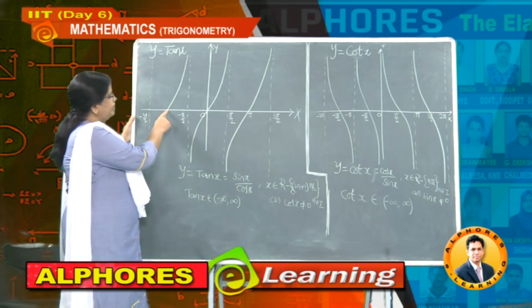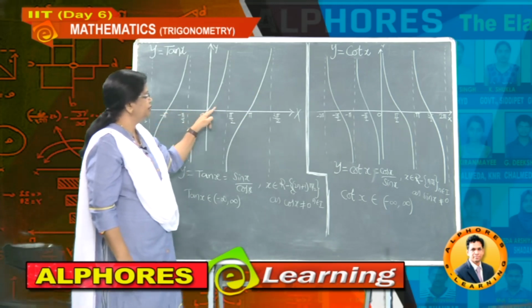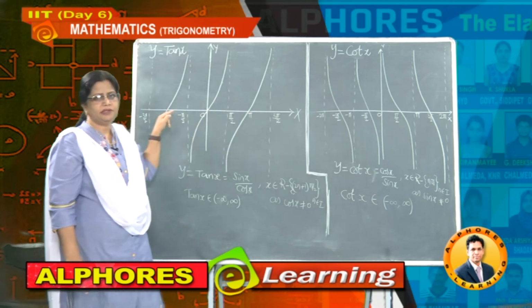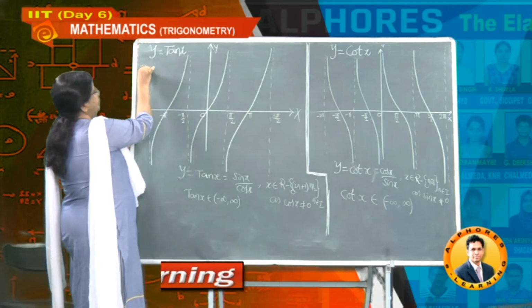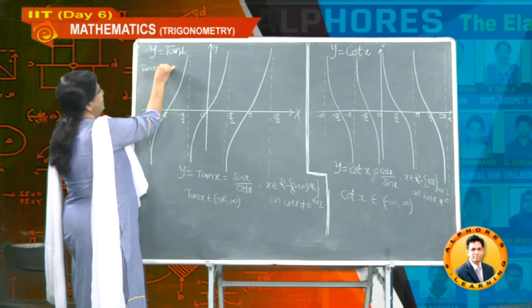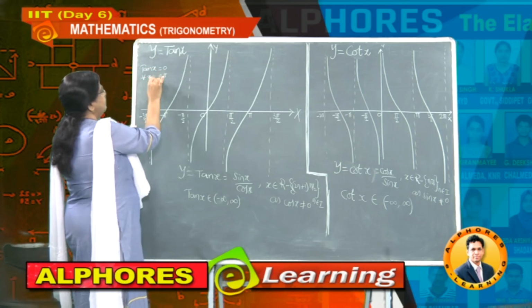And where is it meeting exactly the x axis? It is meeting the x axis at integral multiples of pi, because we have already discussed that tan x is 0 for all x values belonging to n pi, x equal to n pi where n is an integer.